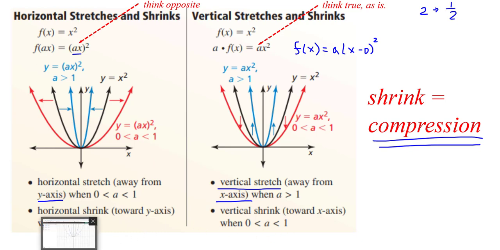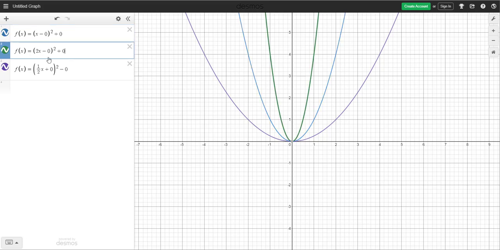All right, so if I have a value of greater than 1, this is indicating that I am shrinking towards the y-axis, because if I have this blue line, my green line is now moving closer to the y-axis, so that means I am shrinking in. Now granted, with a larger number you would think a stretch, but remember, in the horizontal we are thinking the opposite.